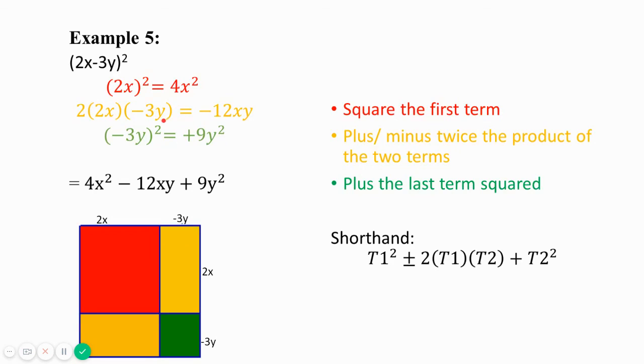Because negative 3y times positive 2x is negative 6xy, and negative 6xy doubled becomes negative 12xy. And then it's always plus the last term squared. So negative 3y times negative 3y is positive 9y squared. Pause the video and get down this example.